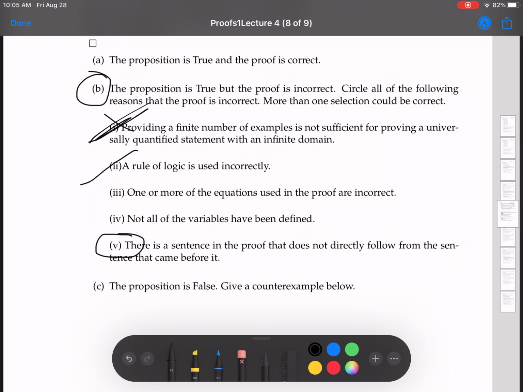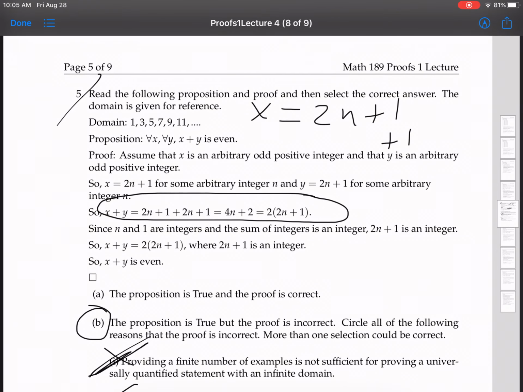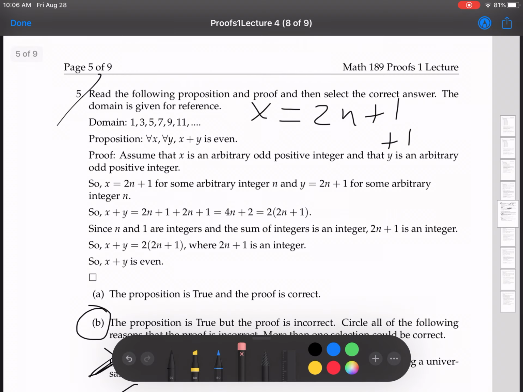It's not that one. Not all the variables have been defined. It's also not that one. Let's see why. We did, in fact, define what n was. n is an arbitrary positive integer.